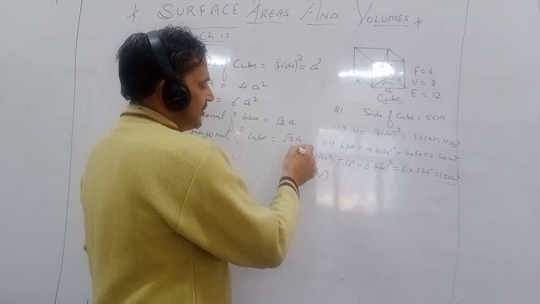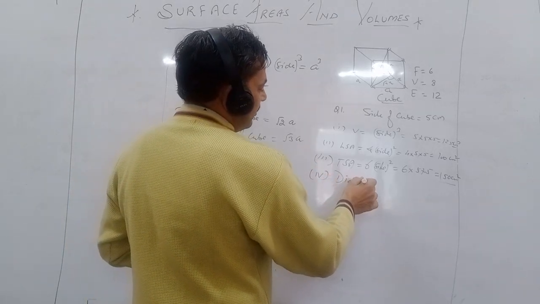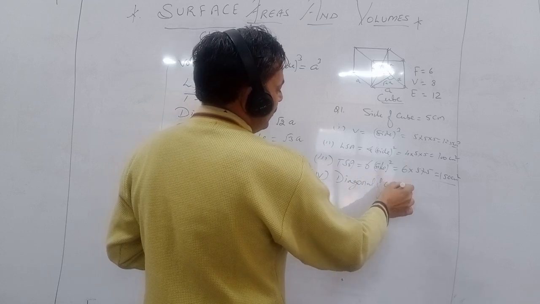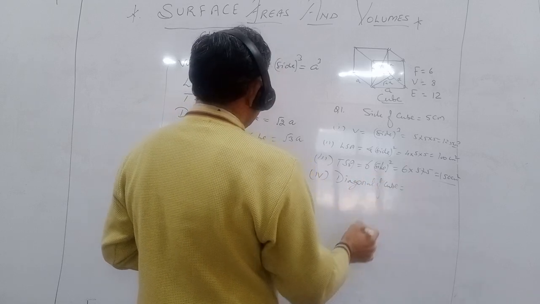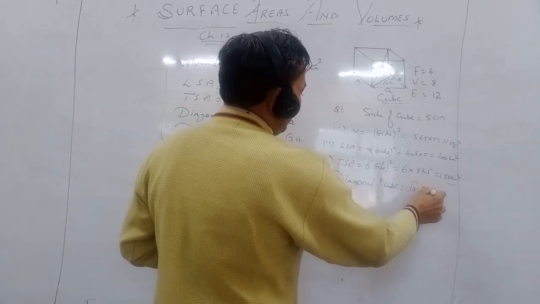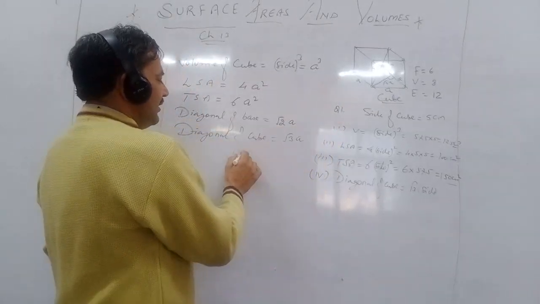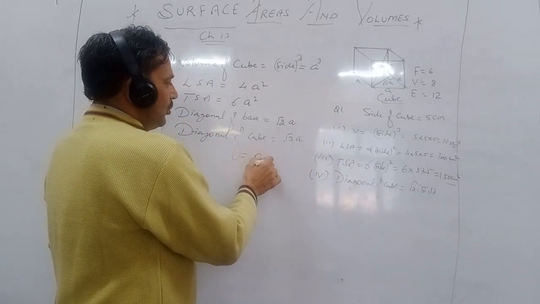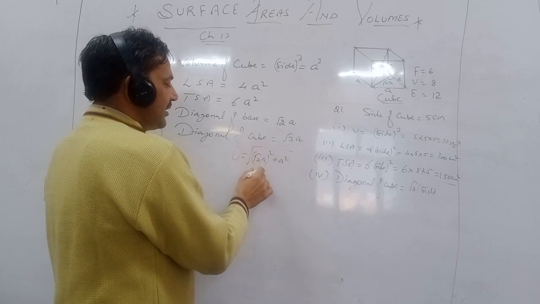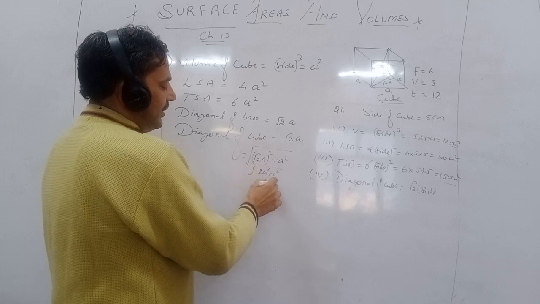Now fourth point. What is the diagonal? Diagonal of the cube, you can write root 3 into side. So I hope it is clear to everyone how it becomes root 3 into side. Apply the Pythagoras theorem: root 2a square plus a square, then it comes 2a square plus a square, that is 3a square.